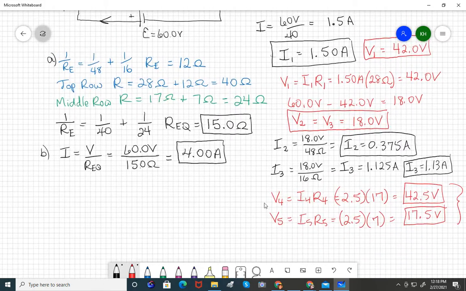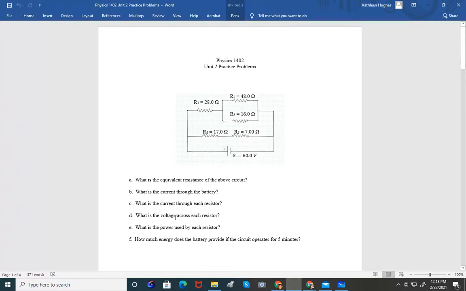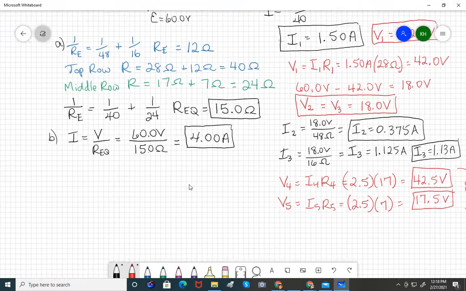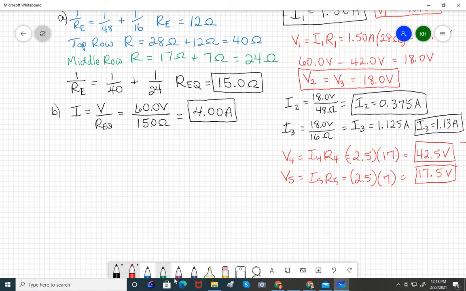All right, let's see what else that question asks us to find. We found current through the battery, current through each resistor, voltage across each, and now power used by each resistor. Power is just VI. So for the first resistor, it's V1 I1.